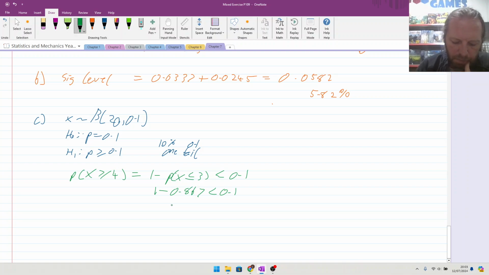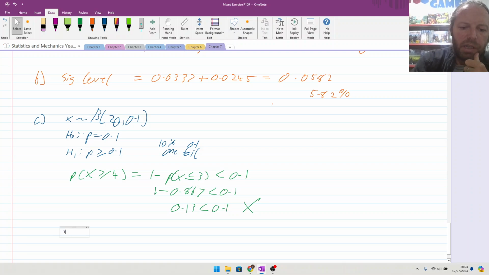And 1 minus 0.867 is, of course, 13%. 0.13 is less than 0.1. It is not.